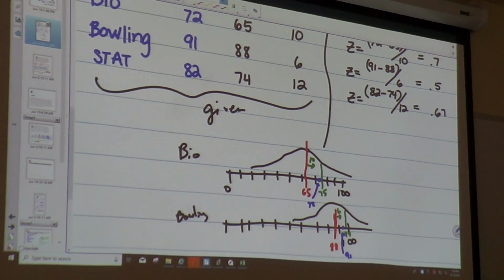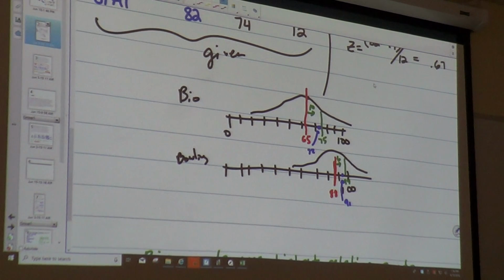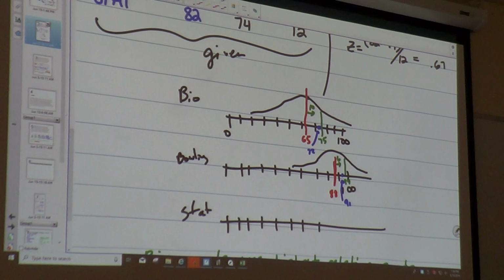But they're kind of not on top of each other, so I can't really compare them because they're not on the same graph. So now if I go to statistics, okay, their average is a 74. 10, 20, 30, 40, 50, 60. 74 is going to be about right there.